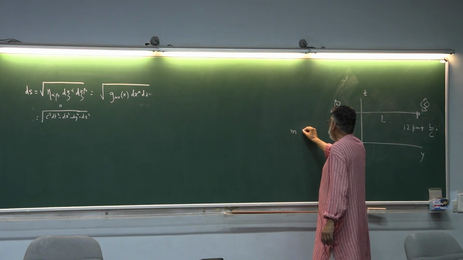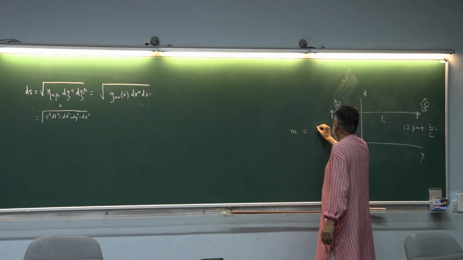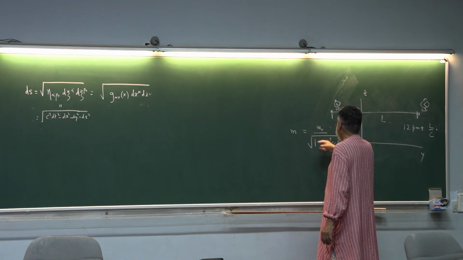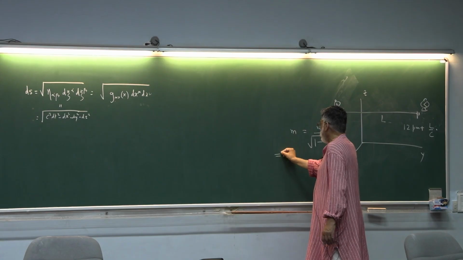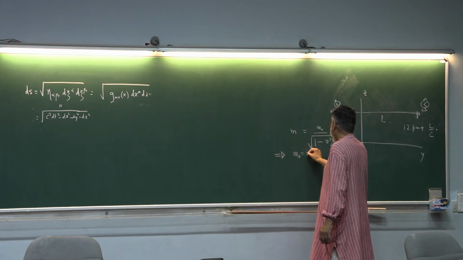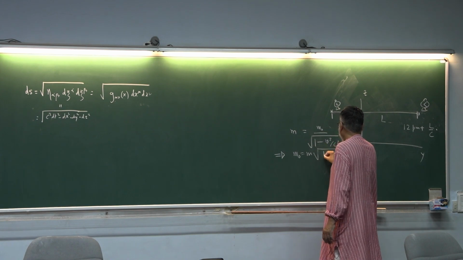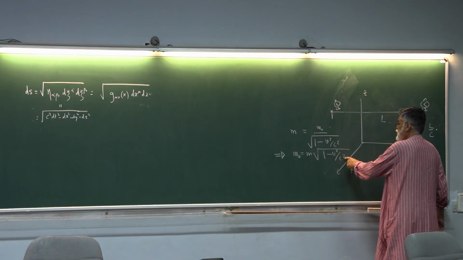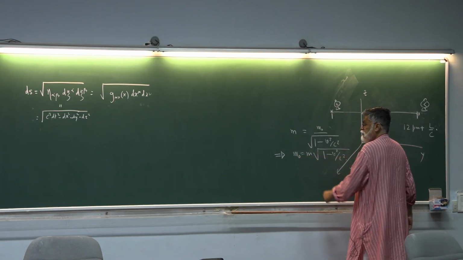We know that the inertial mass as a function of speed is rest mass divided by square root of 1 minus v square by c square. This equation can also be written as m0 is equal to m into square root of 1 minus v square by c square. And therefore, if you put v equal to c, necessarily m0 is 0.